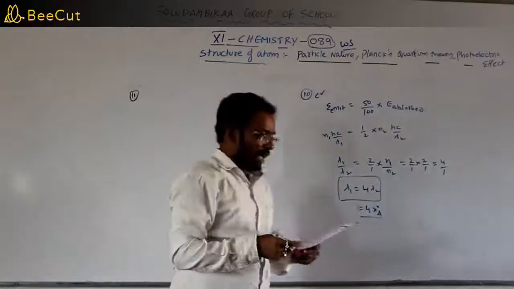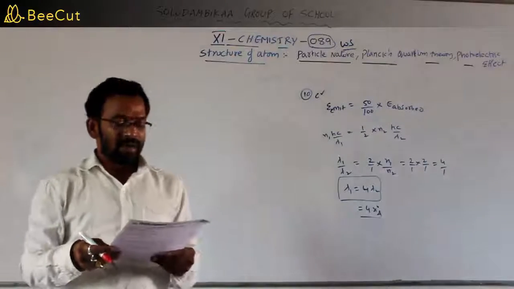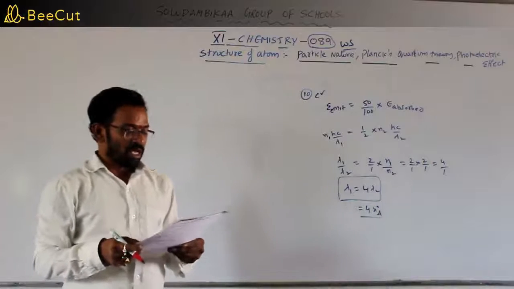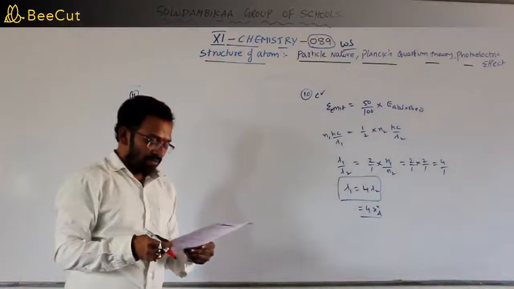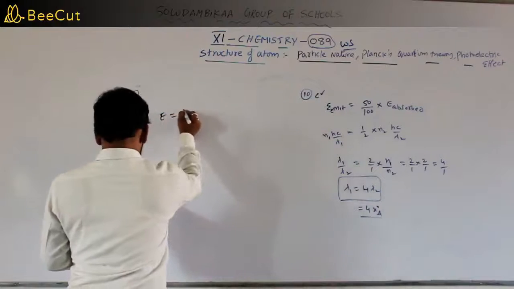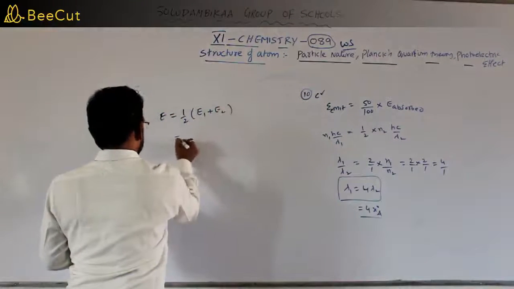A photon of what wavelength will have energy equal to the average energy of photons with lambda 1 equal to 4000 angstroms and lambda 2 equal to 6000 angstroms? So here we need to calculate the wavelength. Energy is equal to, we know the formula, 1 by 2 into E1 plus E2, net energy.